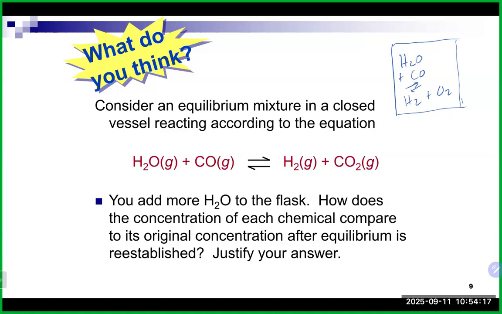So everybody's in there and it has reached equilibrium at this point. Now we're going to add some more H2O, which is over here. What should happen to the concentration of CO? Should it stay the same? Should it go up? Should it go down? What do you think?